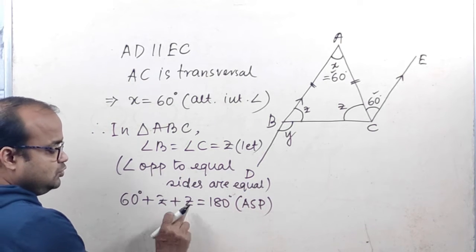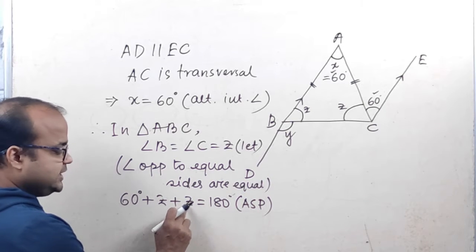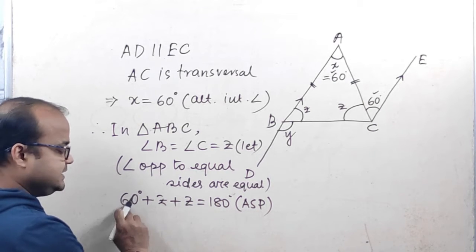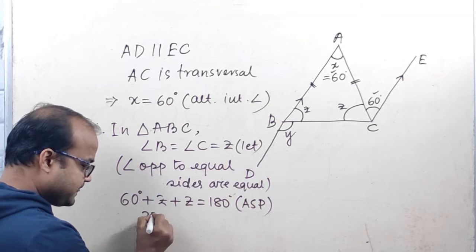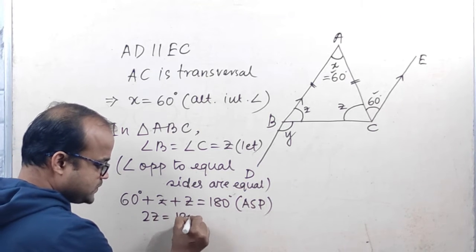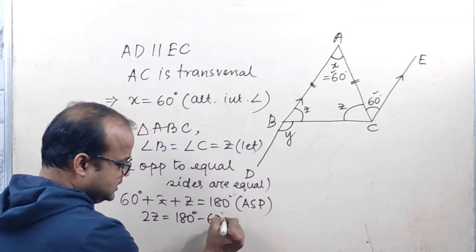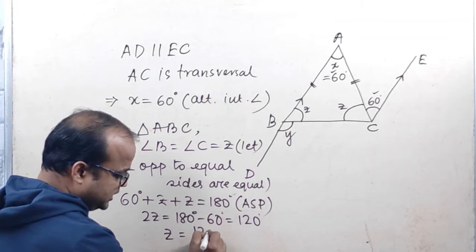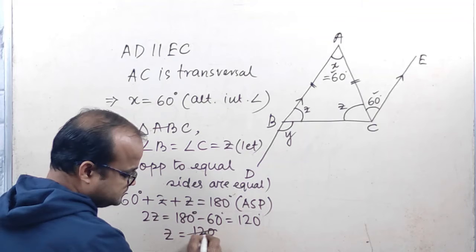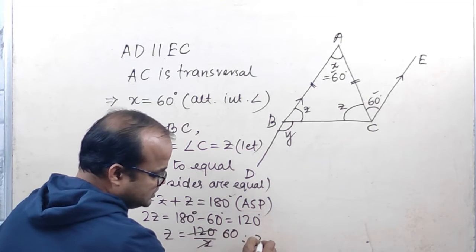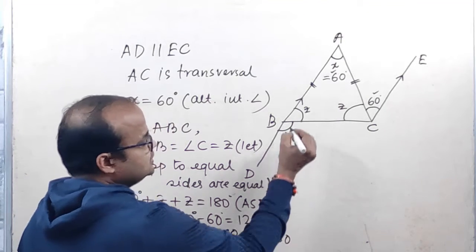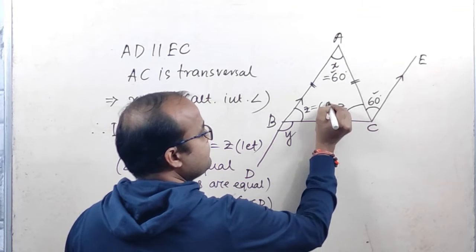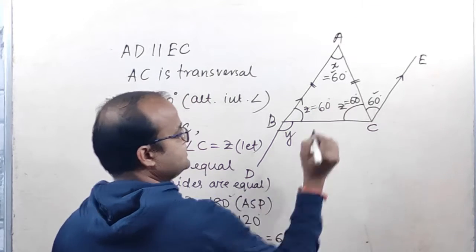So 2Z equals to 180 minus 60. It is equal to 120, therefore Z equals to 120 by 2. So therefore Z equals to 60 degree. So this is 60 and this is 60.